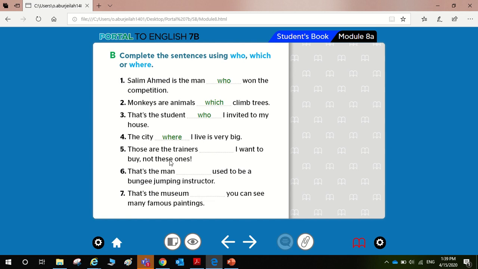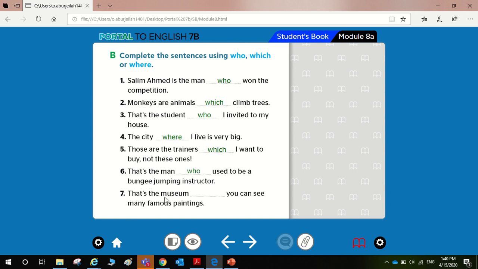Those are the trainers I want to buy. Trainers means shoes, sport shoes. Yes, which. That's the man. Here is a man, people, who used to be a bungee jumping instructor. Yes, who.